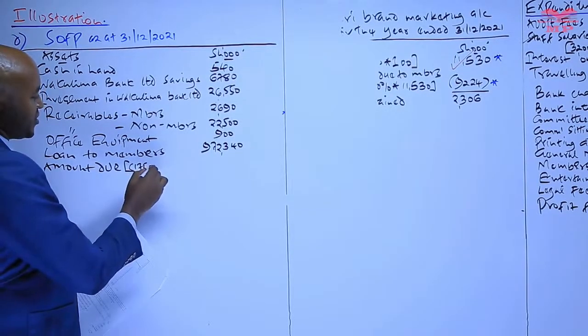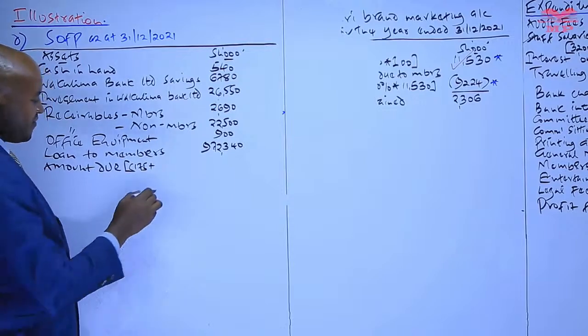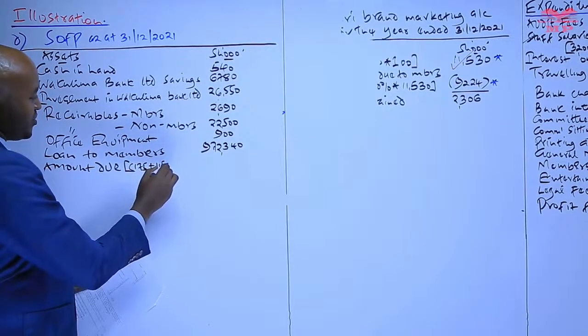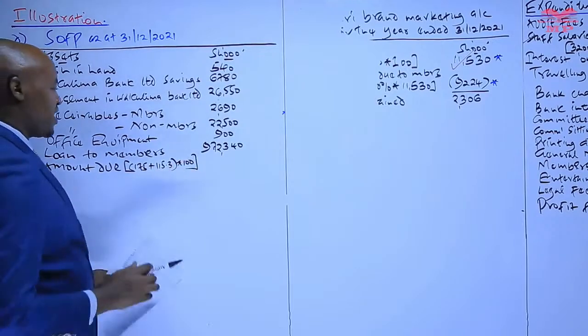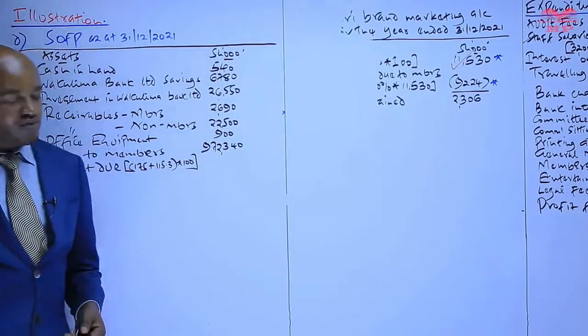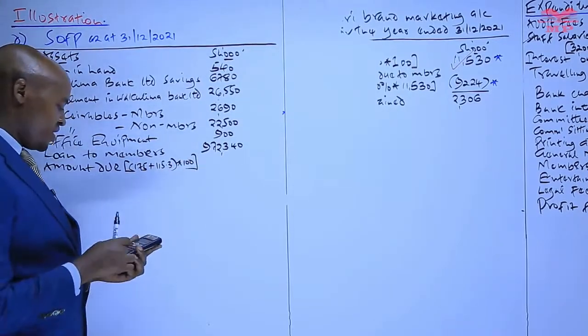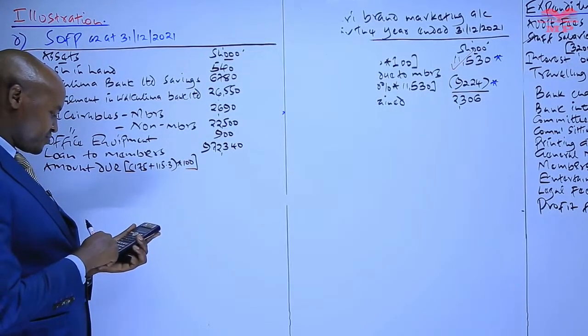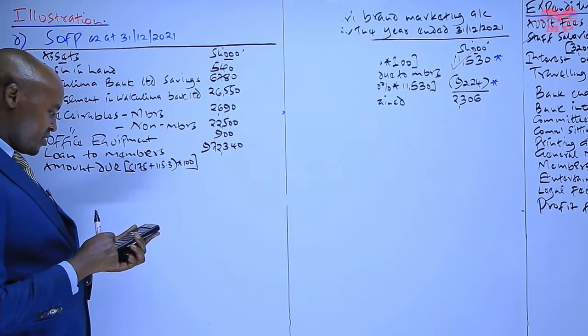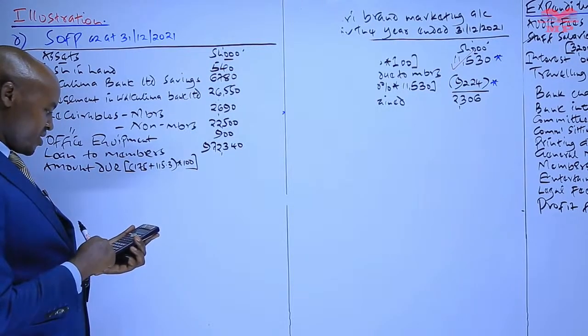We can just take it as 175. And then from the other coffee brand, 115.3. And then we get the total. We translate that to Kenyan shillings by multiplying with the exchange rate on the date the money was remitted. So we have 175 plus 115.3 times 100.